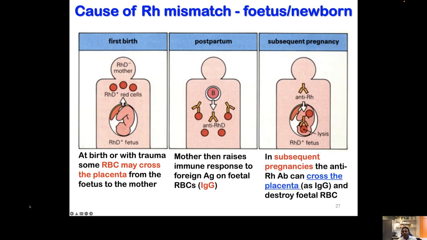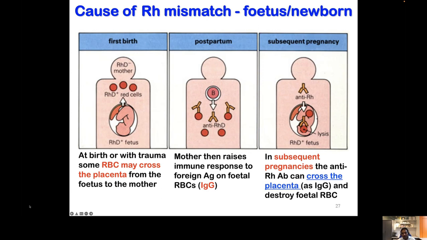Now, during the subsequent pregnancy, if the fetus is again positive for the blood, but the mother is negative, because we can't change that, these antibodies will be produced again. These antibodies can cross the placenta.